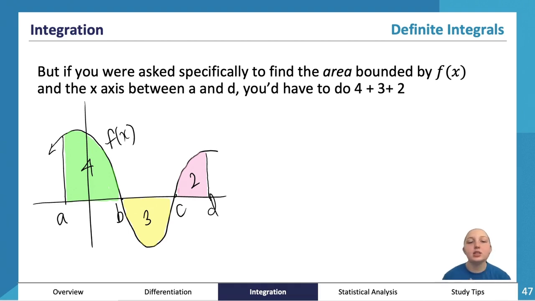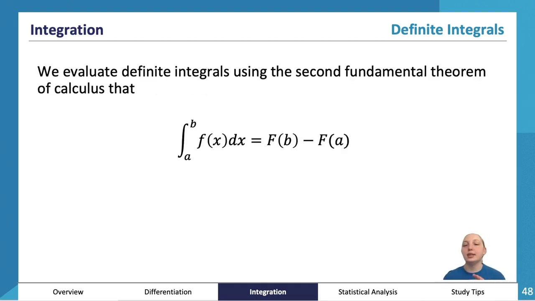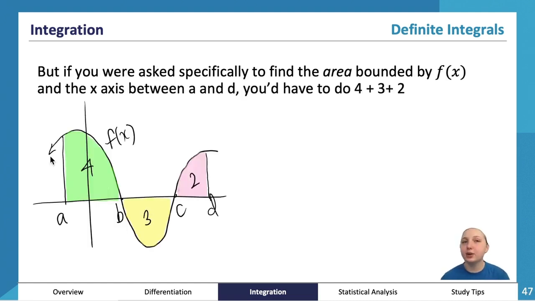Okay, so this is why we have to evaluate definite integrals using the second fundamental theorem of calculus. Essentially what that means is if we are trying to find the area of something between B and A for f(x), you actually have to find it using big F, so the primitive of B minus the primitive of A. And you actually have to minus the primitive of A to account for the fact that this area is going to be negative.